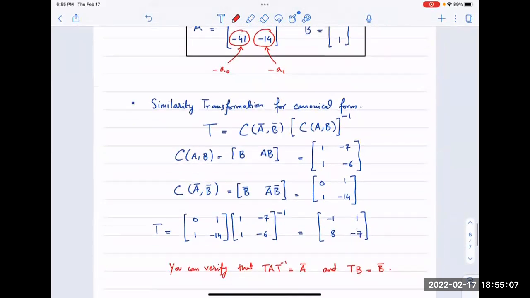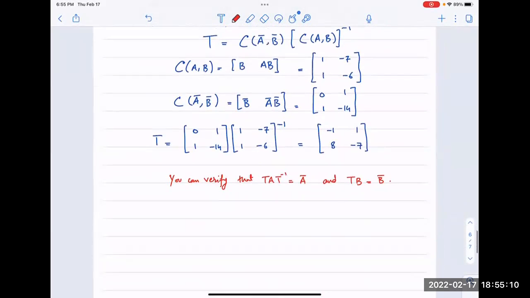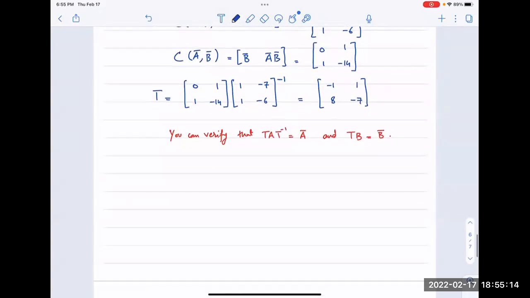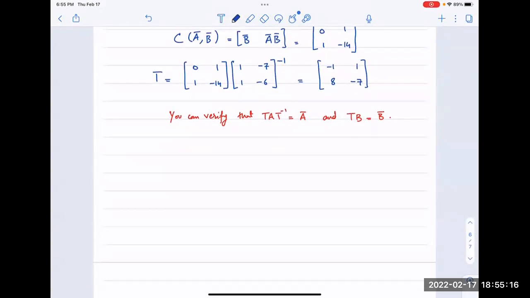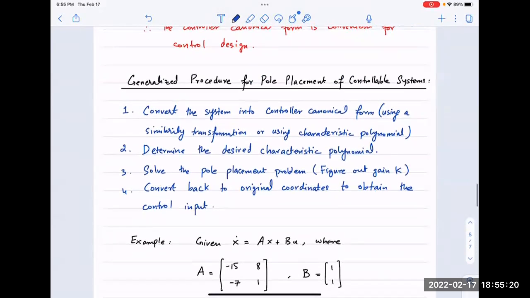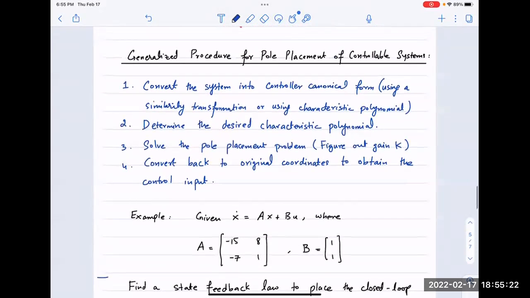But anyway, that's not our goal here. That was step 1. And the next step is, we determine the desired characteristic polynomial.